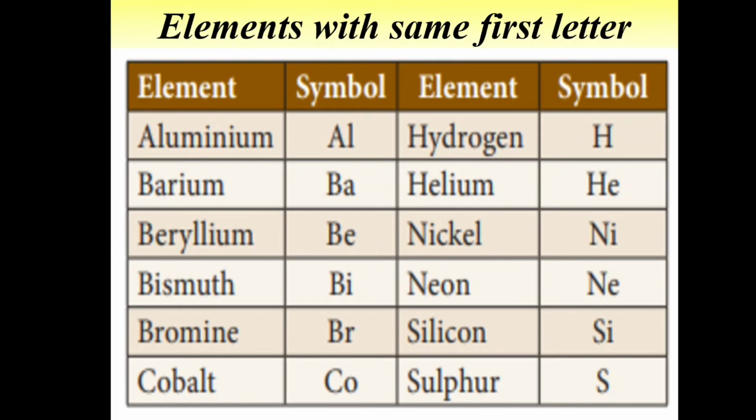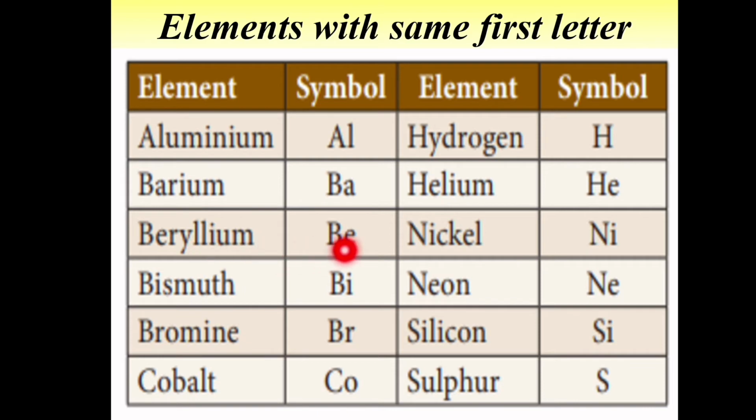So let us see the elements with the same first letter. Aluminium Al, barium Ba, beryllium Be, bismuth Bi, bromine Br. You can see that barium, beryllium, bismuth, and bromine all start with the same first letter.